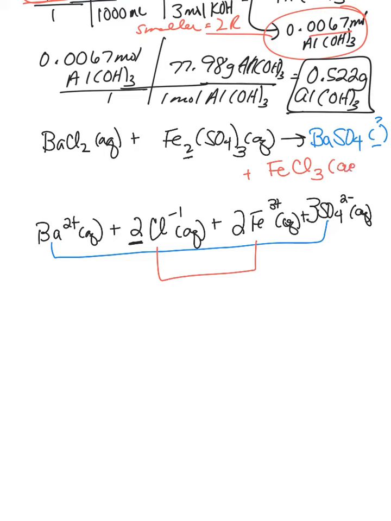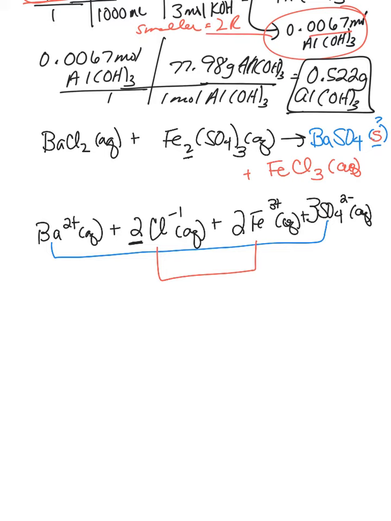And this is going to be aqueous because it's a chloride and it's not a halide with silver or mercury or lead. And then barium sulfate is a solid. So if you look at your rules there, sulfates are usually soluble unless they're with certain other compounds.